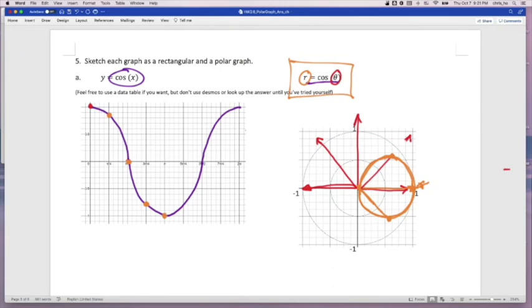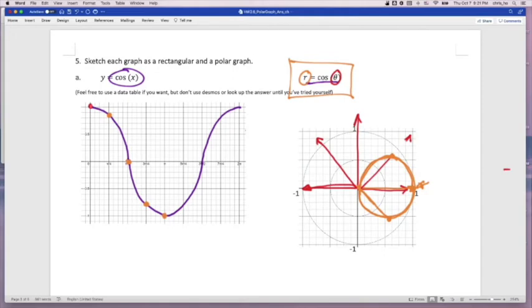For the cosine function it is a little bit different. We have to look at the vector angle versus the r value. If you look at angle 0 and then plot out the vector length, that would be right here.